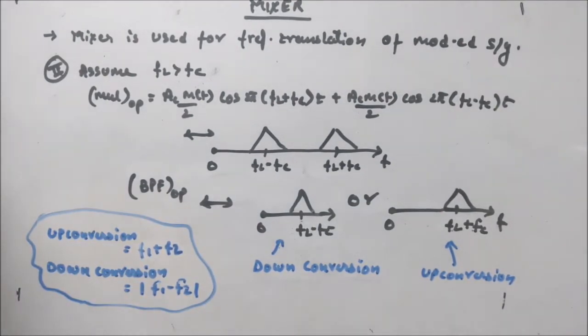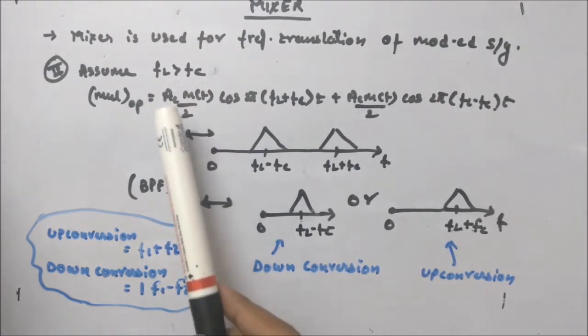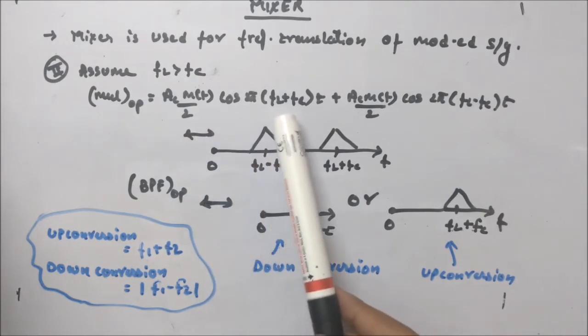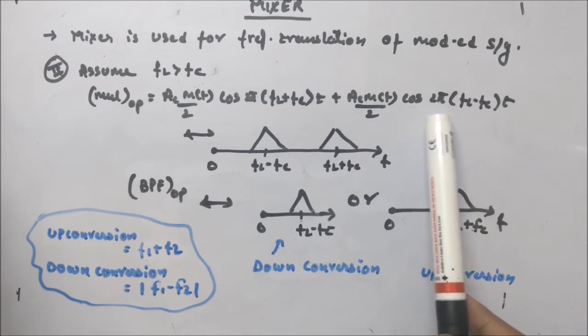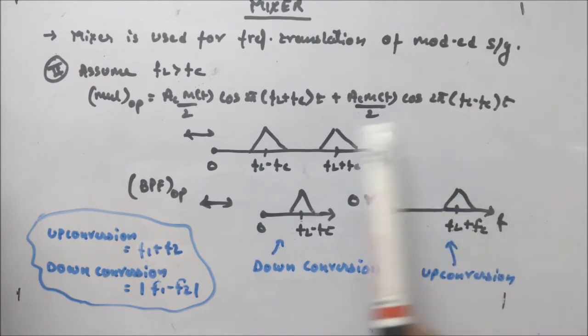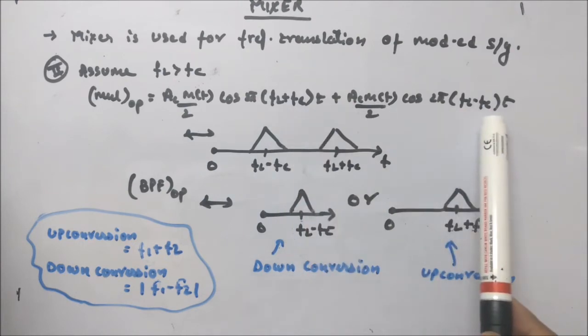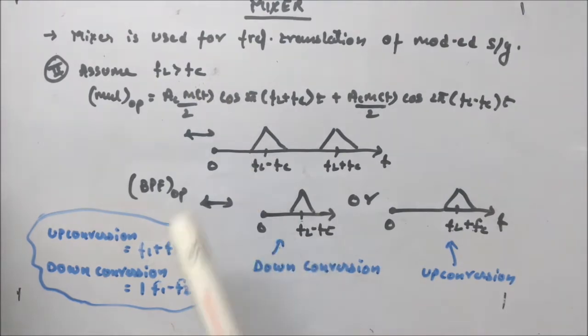Now let's look at the second case, when fL is greater than fc. The multiplier output will have Ac m(t) divided by 2 cos 2 pi (fL plus fc) t plus Ac m(t) divided by 2 cos 2 pi (fL minus fc) t. So there is a replacement. Previously it was fc plus fL and fc minus fL. Now it is fL plus fc and fL minus fc, since fL is greater than fc.